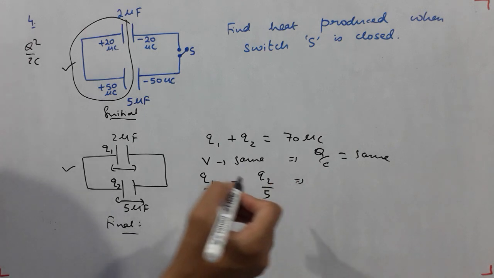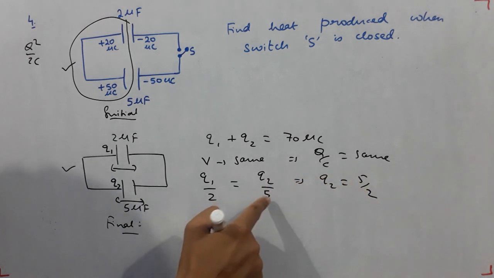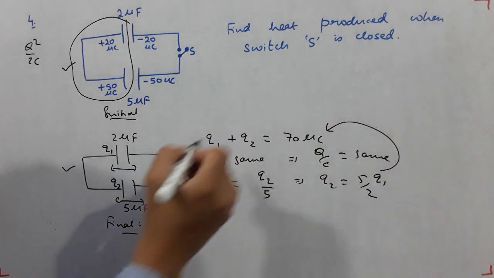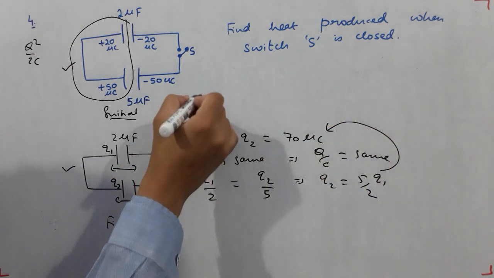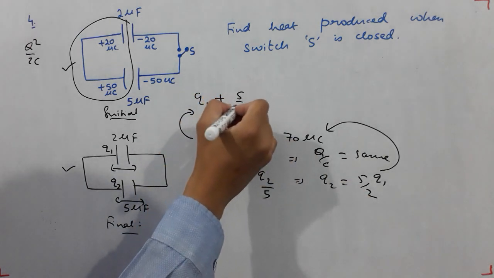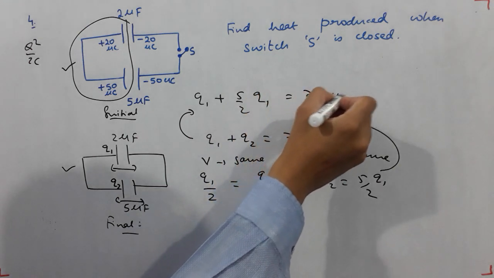That means Q2 will be 5 by 2 times Q1. Put this value in this equation. So what will we get? Q1 plus 5 by 2 times Q1 becomes 70 microcoulomb.